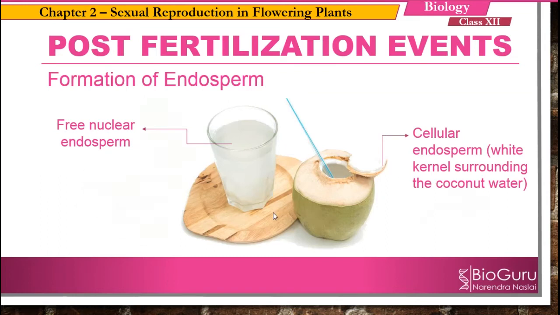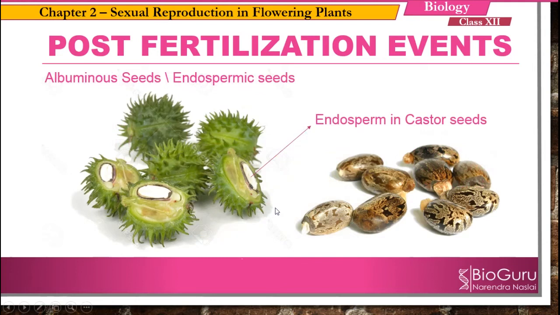Okay, so this endosperm may be present even in the mature seed. If it is present in the mature seed, such seeds are called albuminous seeds, or they are also known as endospermic seeds. Examples here are castor and even the coconut, right?